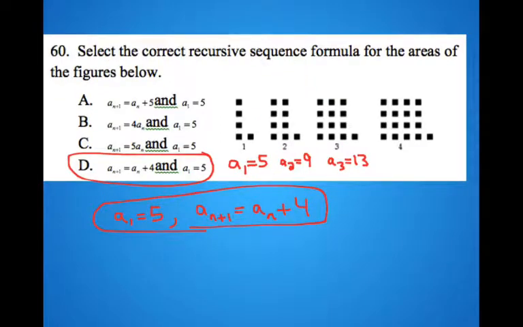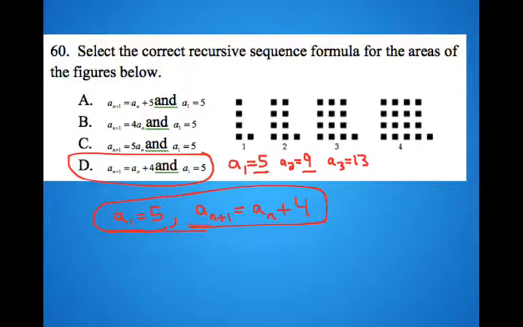On this one, the first term is 5, because you just count up the squares. The second term is 9, and the third term is 13. You can tell that when you go from 5 to 9, you have to add 4. So when you write this recursively, your first term you have to list, so that's a sub 1 equals 5.